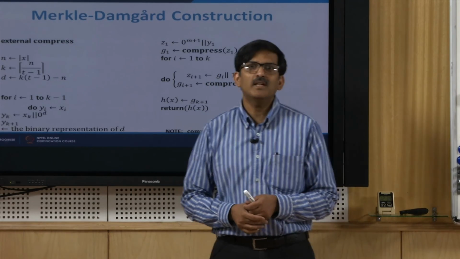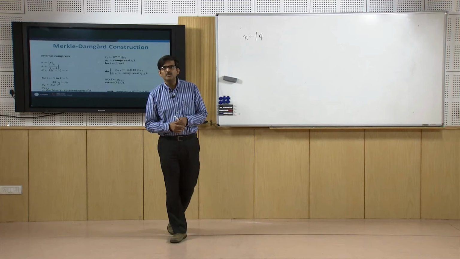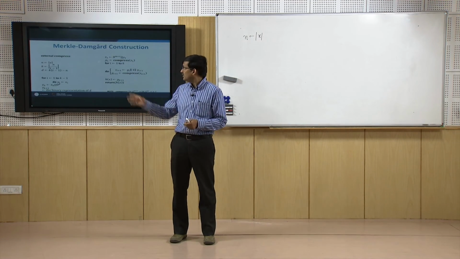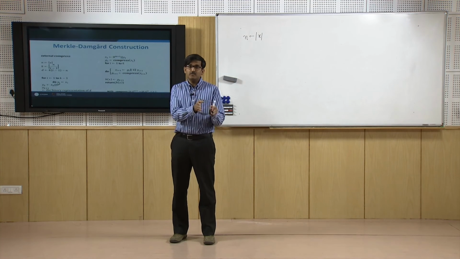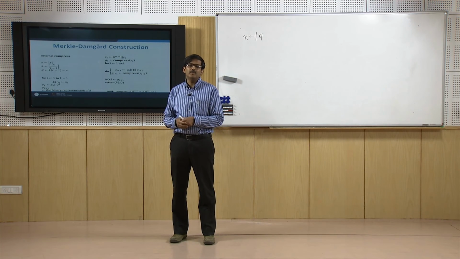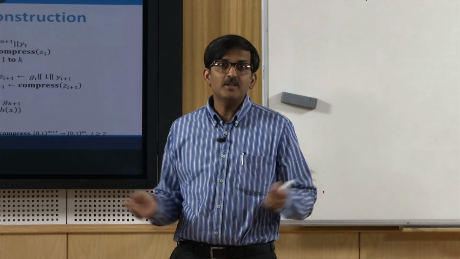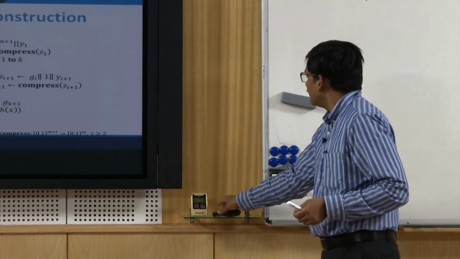We have to assume that t is greater than or equal to 2. If t is equal to 1, then we do not know what to do, because then we are splitting up the input sequence as segments of length 0. We can't do that.